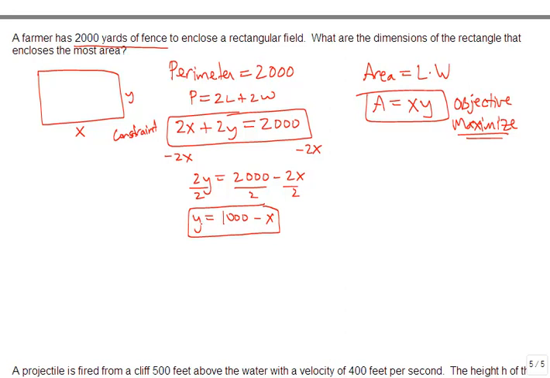Now that we know the restriction between y and x, this is the relationship that has to exist between these two variables, let's substitute that formula in over here for y. So my objective for my area becomes x, and no longer times y, but instead times 1,000 minus x. And let's go ahead and distribute that x across, so we get 1,000x minus x squared.